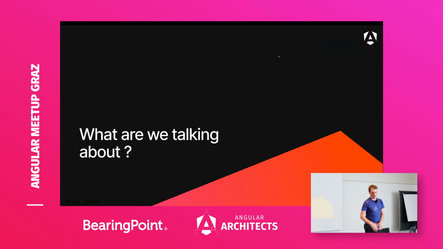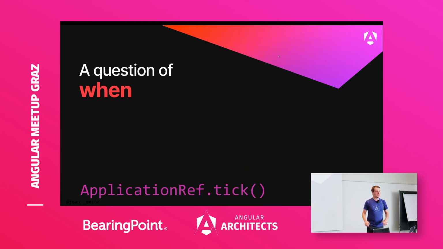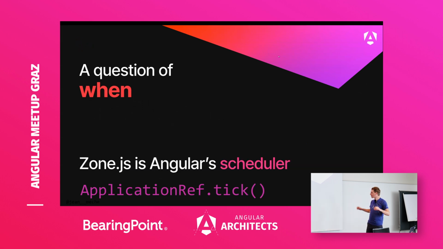What is zoneless? So when we talk about zoneless, we ask a question of when. When does change detection happen? In Angular, and up till now, we used Zone.js as a scheduler to schedule change detection.